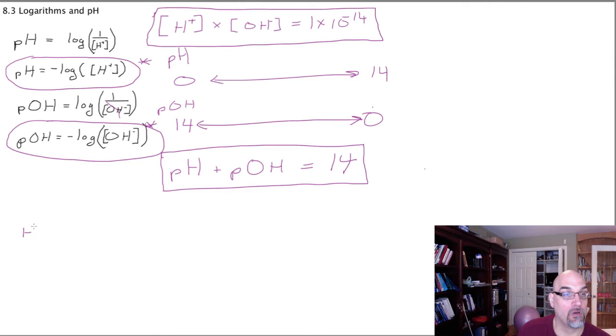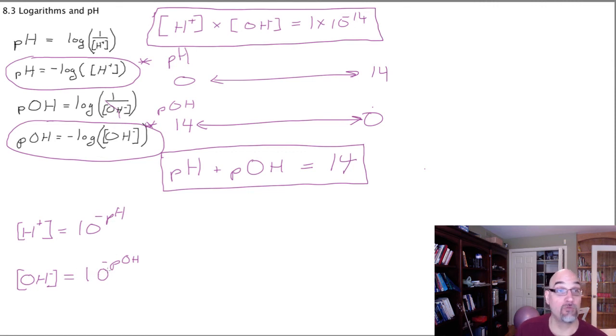So I know that H is equal to 10 to the negative pH, and I know that the OH, the molar concentration of hydroxyl, is equal to 10 to the negative pOH. So these two are given as separate formulas in the book, but they're really just writing these two formulas here in a different way.